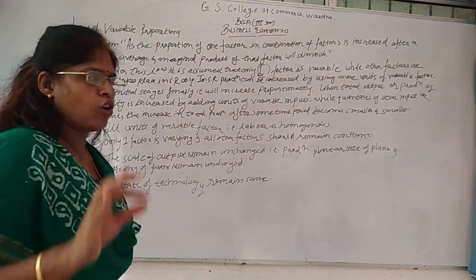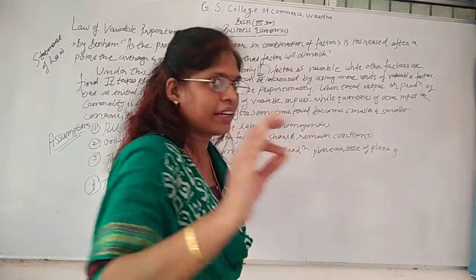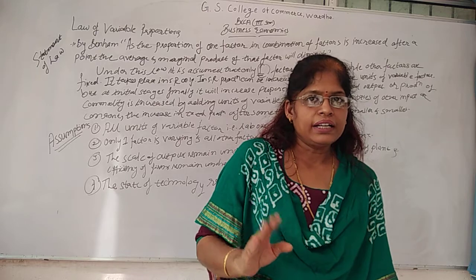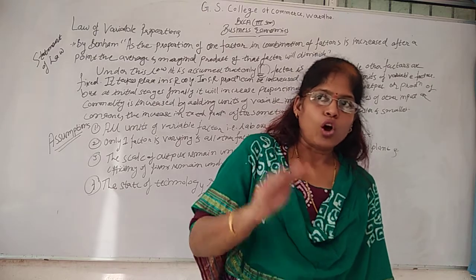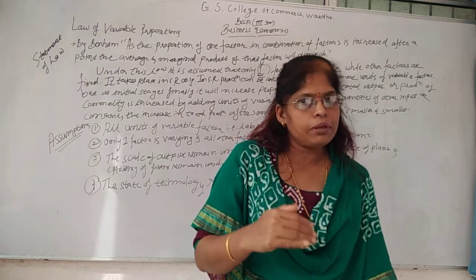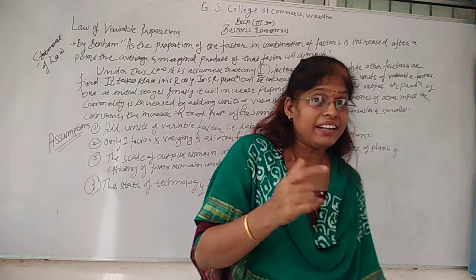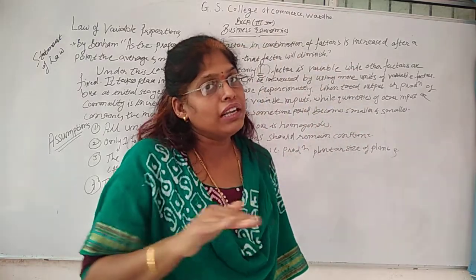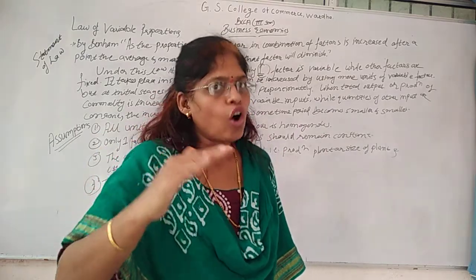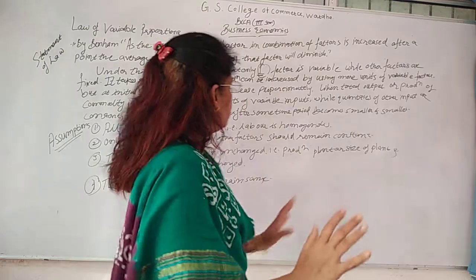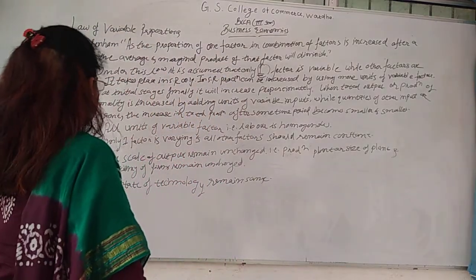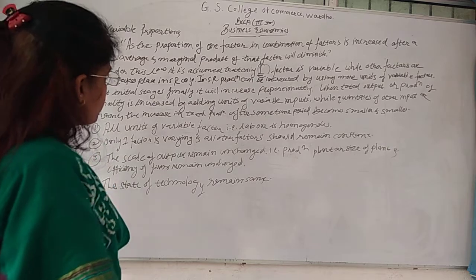One thing is very sure: only in the short run can the producer make changes in input. Only in the short run is the law of variable proportion applicable, or can it be utilized.